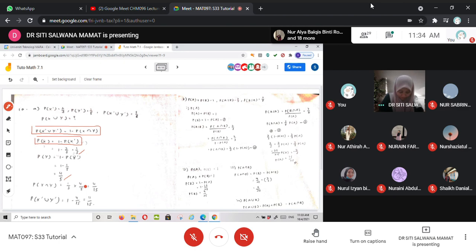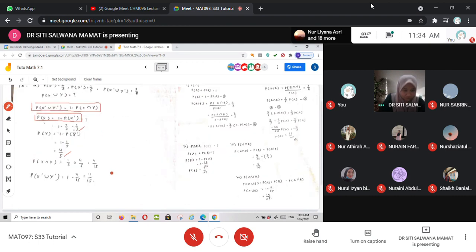Okay, so you will minuskan dengan this 3 over 5. Okay, so you dapat berapa ni? 2 over 5 kan? Okay, so ini lah 4 over 5 ataupun kita simplify, you akan dapat 2 over 5. I dapat 2 over 5 ni. X intersect Y.